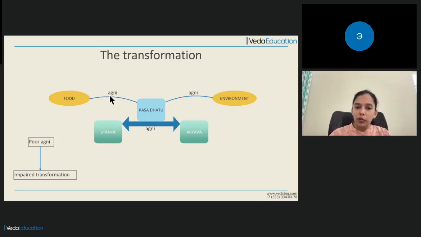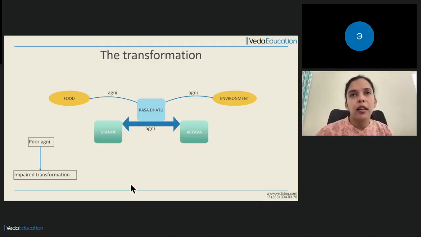In the whole process, there is another important component that is working, and that is the Agni. Transformation of food to Rasadhatu requires very good Agni, and the product is dependent upon the quality of Agni. And likewise, the transformation of Rasadhatu to either Artava or Stanya also requires certain Agni, and the quality would depend upon Agni here as well.